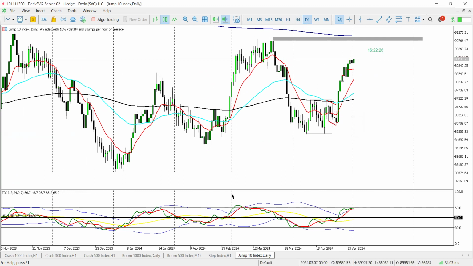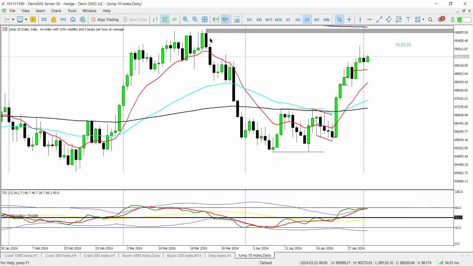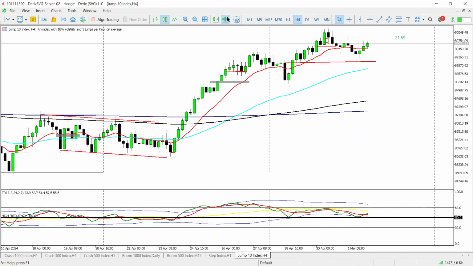But the past 2 days, price looks to be indecisive. We've got no close above this, which means going up for now there's a little bit of resistance. Coming down, maybe this could be an order block where price may want to tap into, maybe they want to tap into the 13 EMA. So daily for me is not yet clear in terms of direction here.